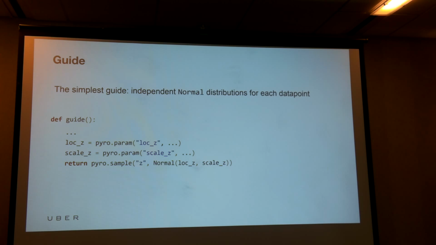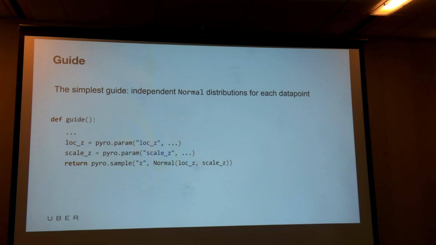What about the guide? Well, we could start sort of the same way that we started before, right? Of having independent normal distributions for each data point, where we make a guess for a given data point. So these latent codes Z are local to each image.